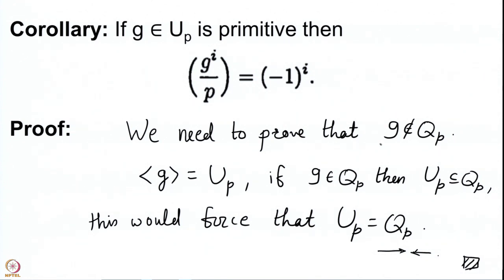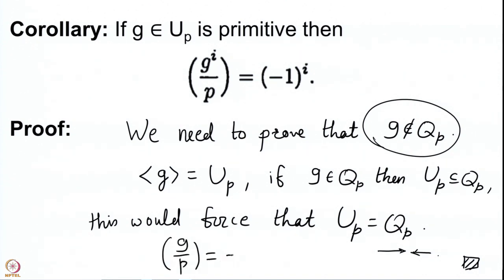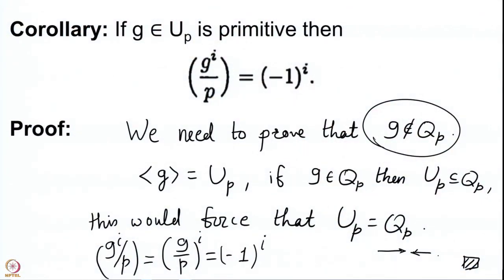So, we have that G is not in QP and therefore, the Legendre symbol of G by P is minus 1 and then it will follow quite easily that the Legendre symbol of G power I with respect to P is the Legendre symbol of G with respect to P to the power I, because we have seen that the Legendre symbol is multiplicative, a homomorphism, and so we get this to be minus 1 to the power I.